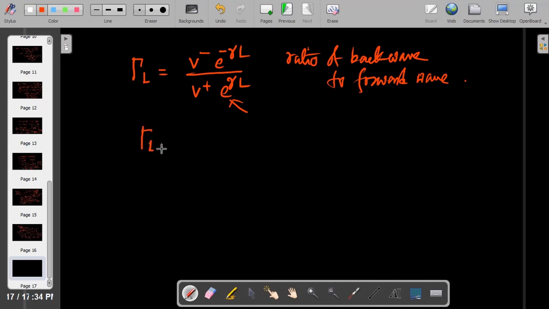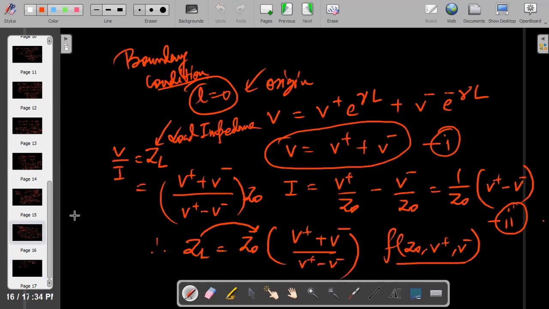Now, what is your gamma L at L equals to 0? It is nothing but V minus by V plus. Or we can write V minus e to the power plus gamma L by V plus e to the power minus gamma L. I'm writing in L only.